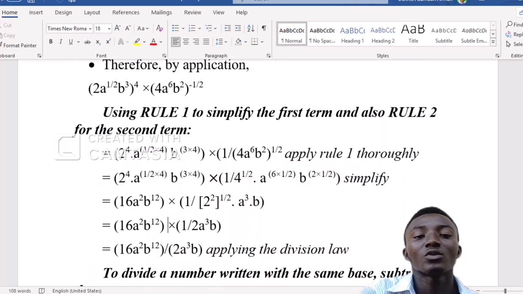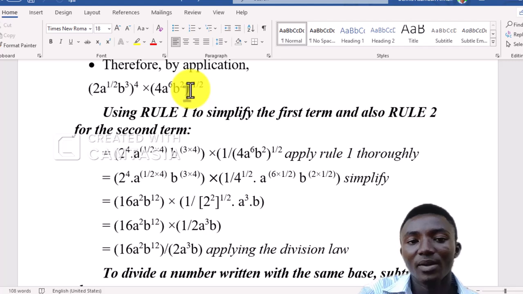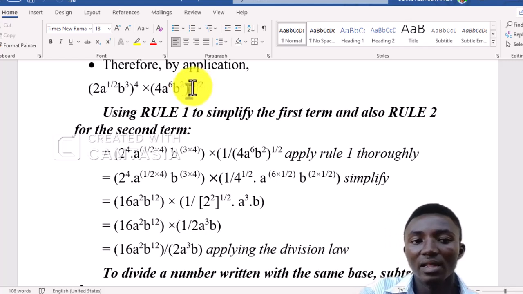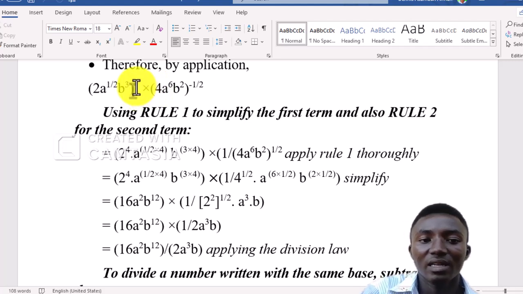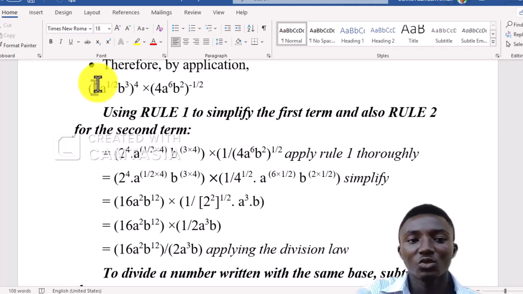So this is our problem. We apply the secondary reciprocal rule here because we have a negative power. So we need to change it to become 1 over the expression, but with a positive power. And directly we can use this 4 to expand everything in the bracket. Don't forget that we use the 4 to multiply the powers in the bracket, and we have 2 raised to the power 1, but I didn't write the 1 there.